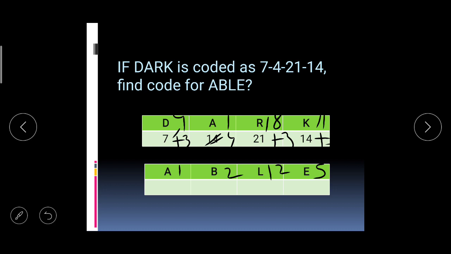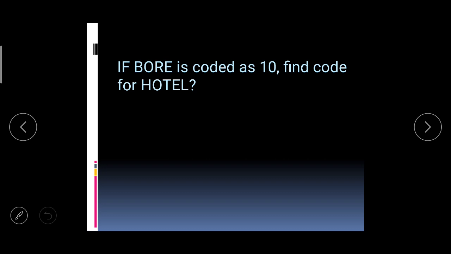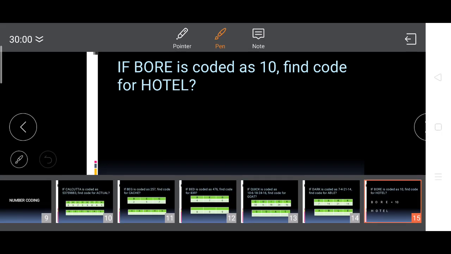If we add 3 to 1, we get 4, then 5, then 15, then 8. So our answer is 4, 5, 15 and 8. Okay, let's go into some other type of questions.